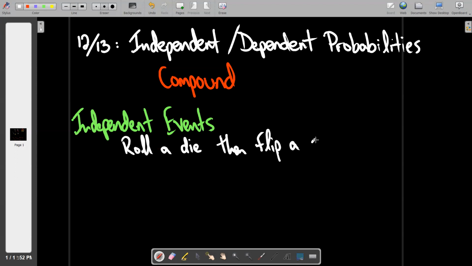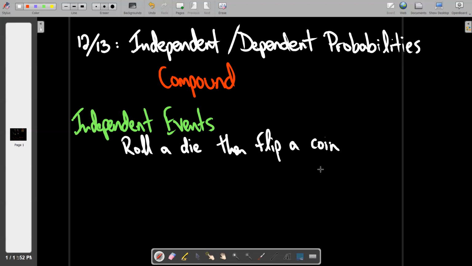And then flip a coin. This is an example of two events back to back that are fully independent from each other. This explanation will make more sense when you see what dependent events actually are. But let's say I were to roll a die and it lands on a 4 or a 3. Does the coin care what I got?